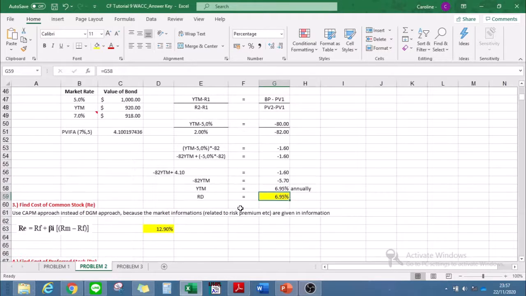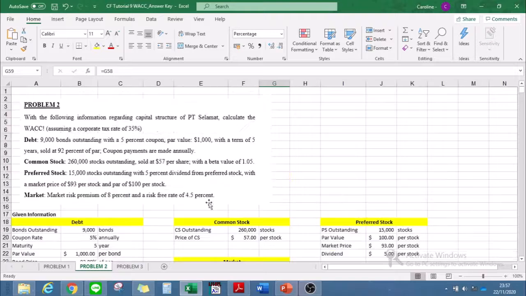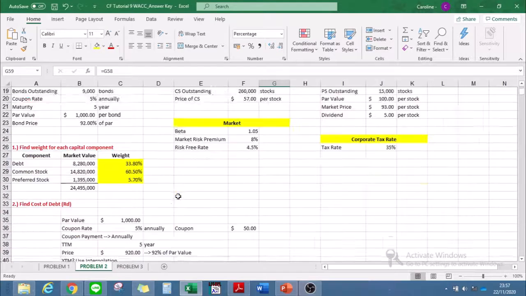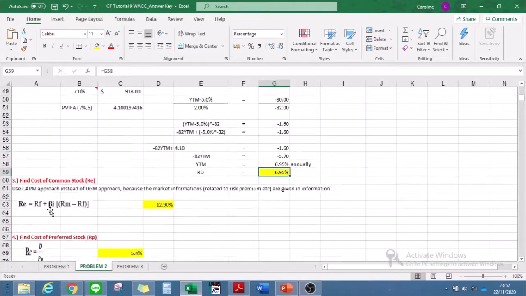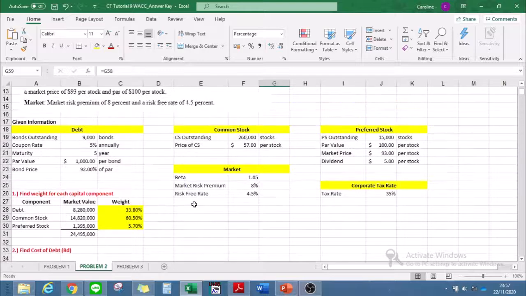And then what about the cost of the common stock? Because in this question we are not given information regarding the dividend or the constant growth of the dividend itself, and we have information regarding the market risk premium and the risk-free rate, that basically indicates that we have to calculate the cost of equity using the CAPM formula, or the capital asset pricing model. We know that the RF from the information is 4.5%.